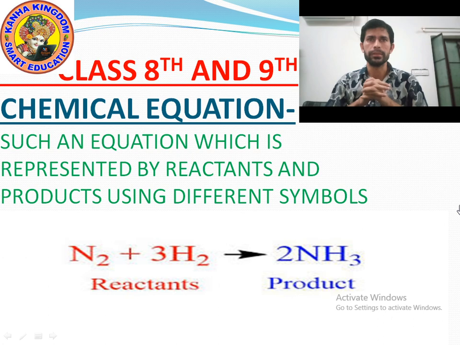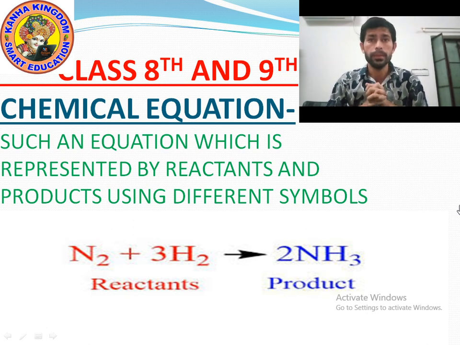When nitrogen and hydrogen both react, both combine, they form a new substance which is NH3. NH3 means ammonia. Ammonia is a product, and N2 and 3H2 both are reactants.